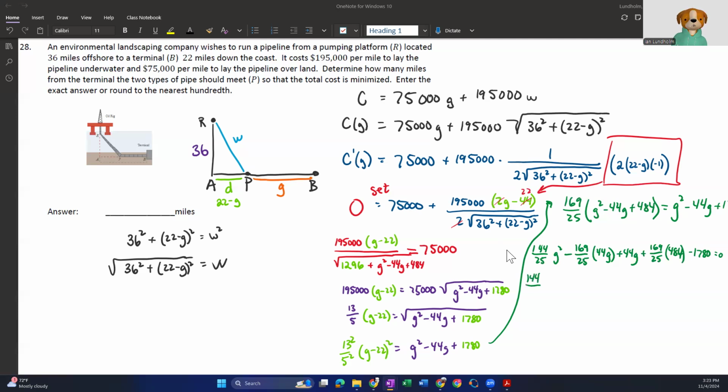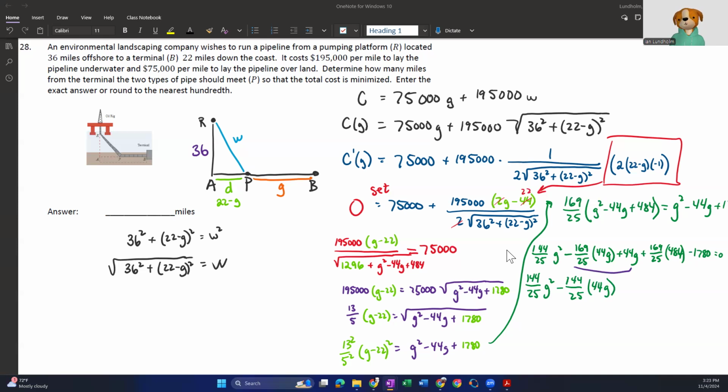We've got 144 out of 25 g squared. Then we are adding on 25, so it is going to be the opposite sign. If we combine these two terms together, it'll be minus 144 over 25 times 44g, because that's just taking 25/25ths of 44g off.